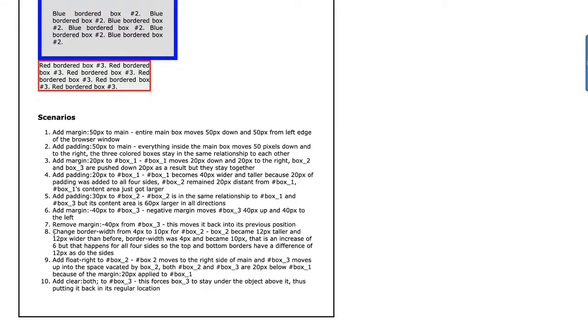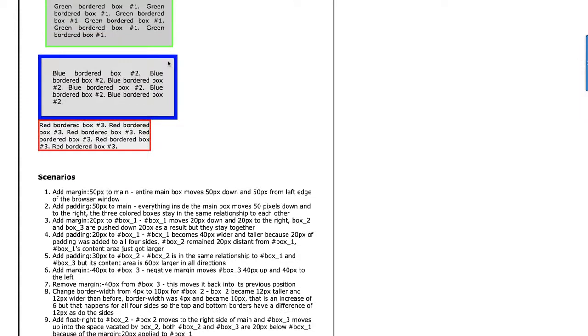Because when you add margin and padding, the width of the box is going to change on the top and bottom and the left and right, depending upon how you change it. So it's the sum of the width of the content, the width of the padding on top or bottom or left and right, the size of the border, and the margin.